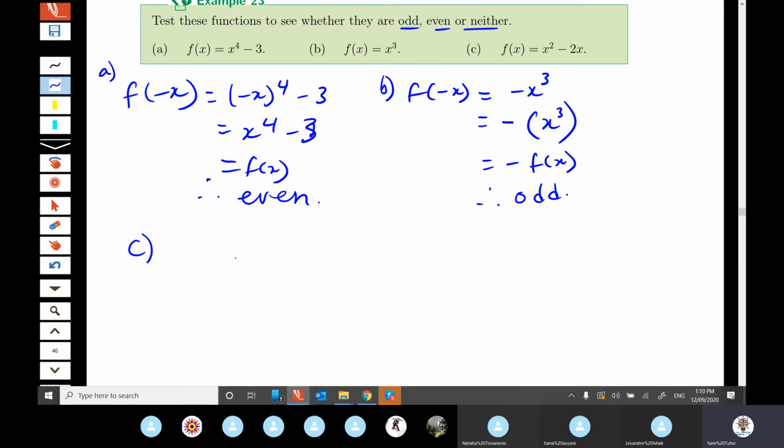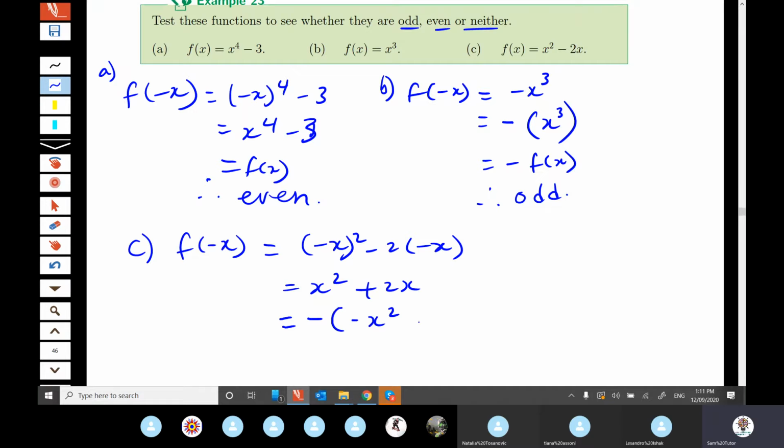C, what's step 1? Sub in negative x. f of negative x equals negative x squared minus 2 times negative x. Is that the original? No, so what do we do now? Force out a negative. Is that the negative of the original?